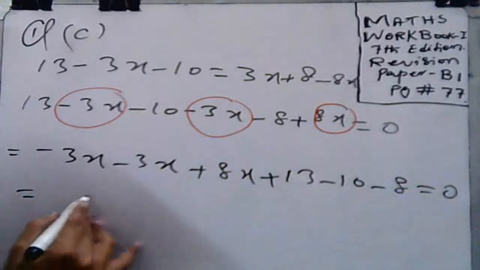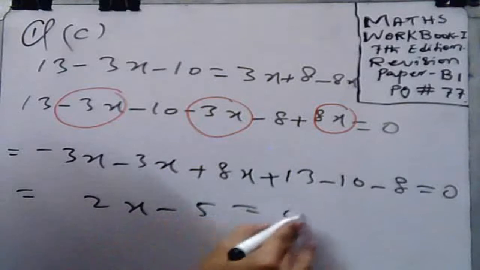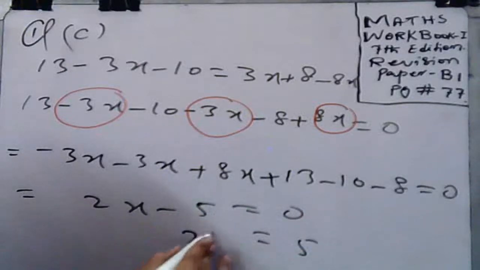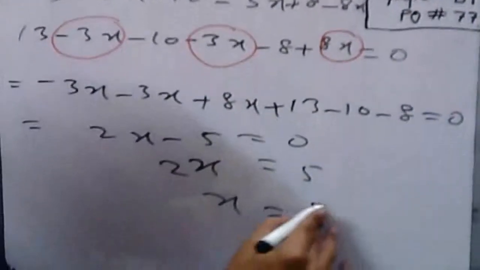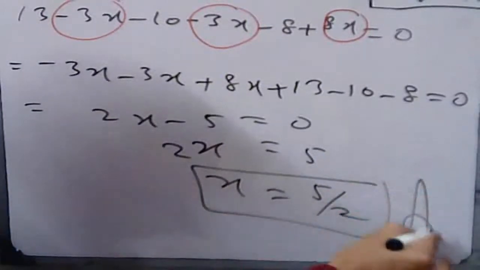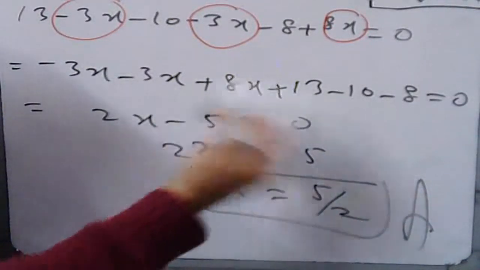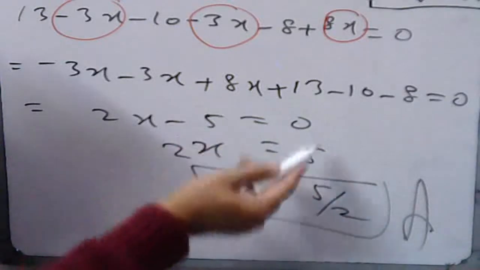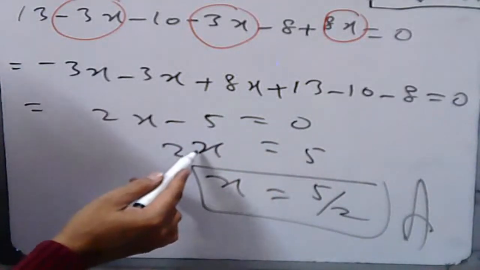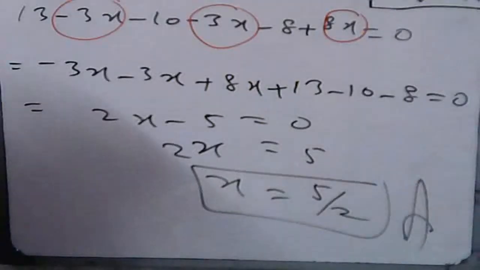So after simplification 2x minus 5 is equal to 0. So 2x is 5, so the value of x is 5 by 2, and you are well familiar with how we do this, because across the sign of equality the negative sign is shifted to the other side, so the sign should be changed, it becomes positive, and multiplication should be changed to division. So the value of x is 5 by 2.